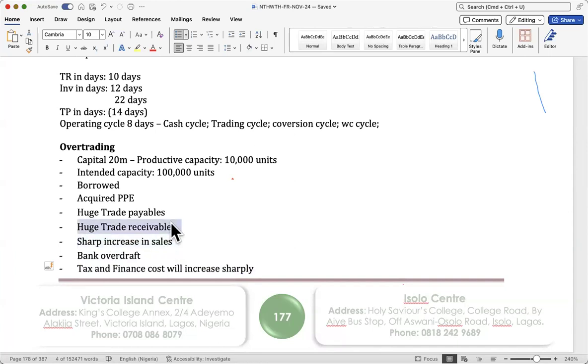Loan capital or equity capital? Equity capital. It can't be loan capital because the guy already has huge loans. His borrowings are huge. He's still speaking to these guys to restructure. So he cannot get additional loan capital. He will inject equity capital into the business.